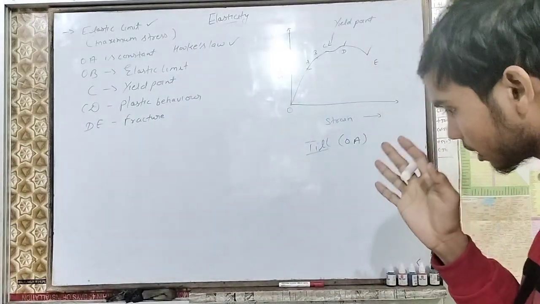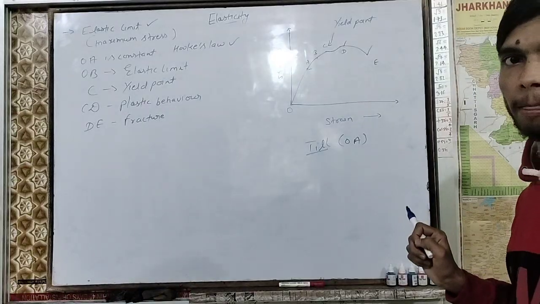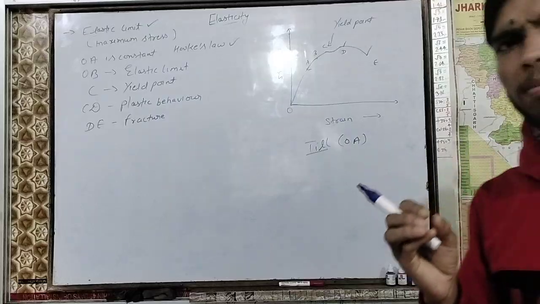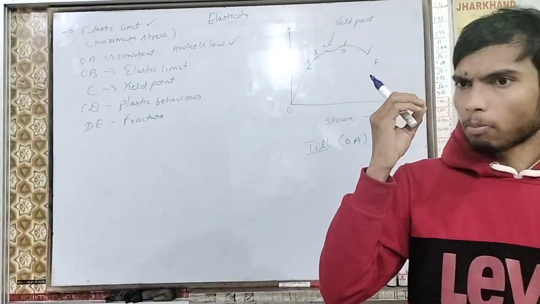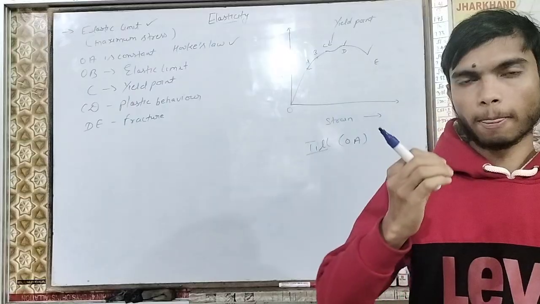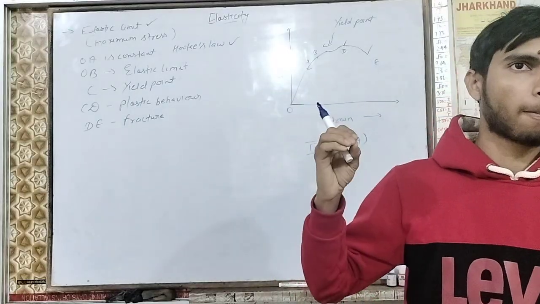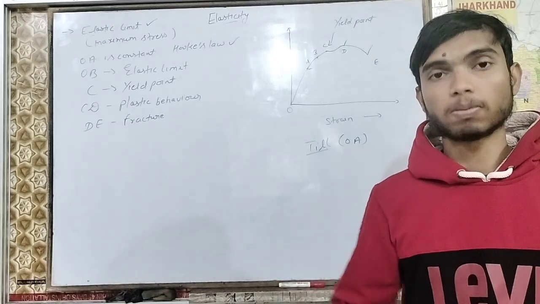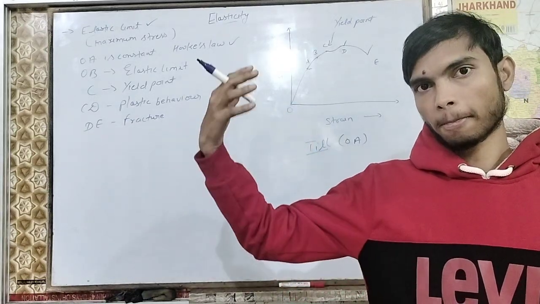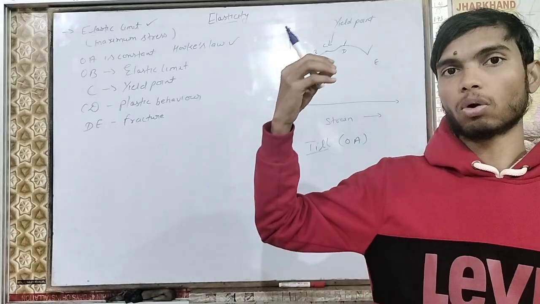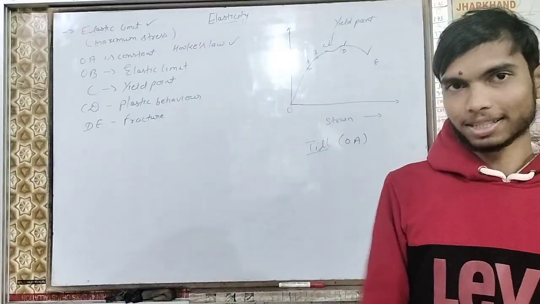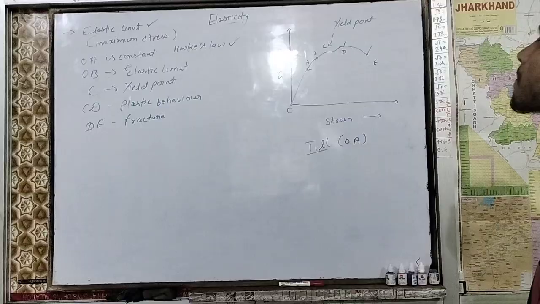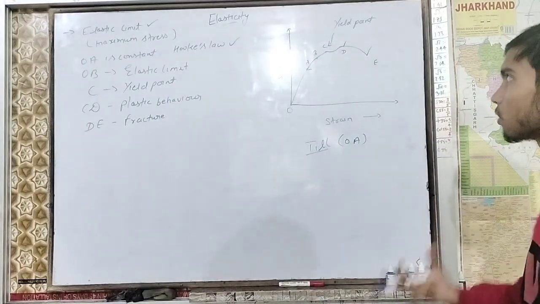If length or volume is changing, obviously a point will come where the object will become thin, and then it will break itself because of the increasing length of the body. Are you understanding? Only strain is increasing. Try to understand.